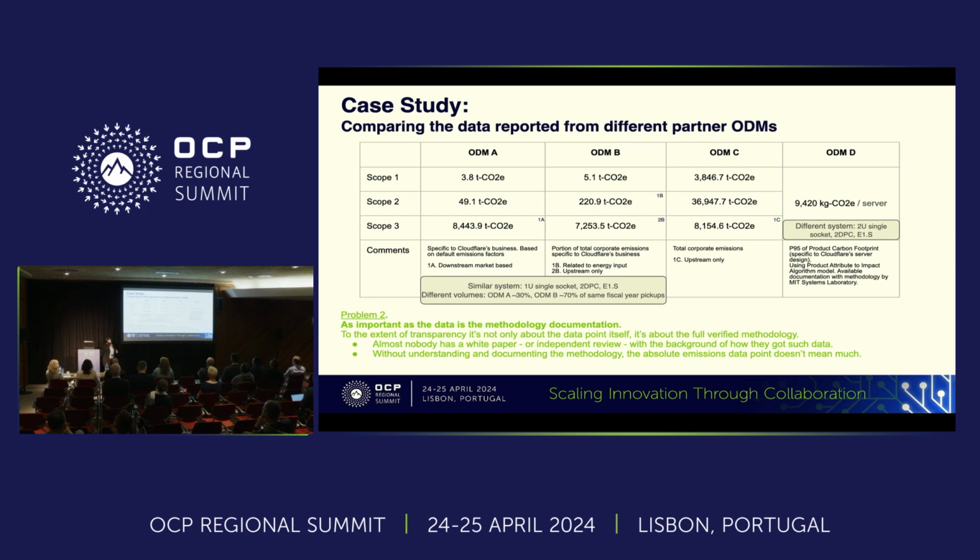And even if they're talking about the same type of system, for example, ODM A and B columns in there, you can see that the order of magnitude kind of makes sense or align, but that's not even a guideline because the volumes of the products that we got from one ODM to the other are not the same either.